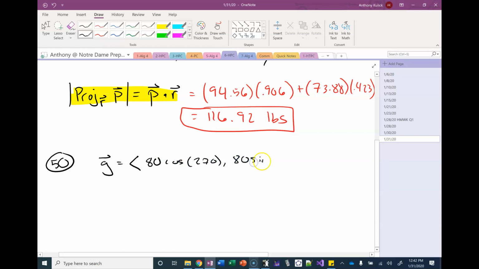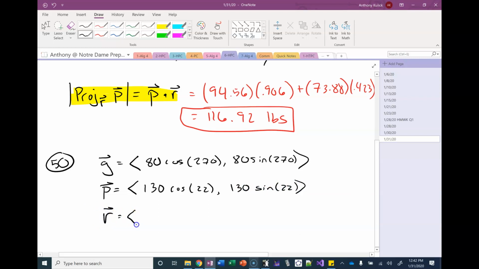So I have 80 cosine 270 and 80 sine 270. I have the vector for the pull, which is 130, and then the direction is 22. So I have 130 cosine 22 and 130 sine 22. And then I have the ramp. I'm not given any information about the ramp other than its angle. So I'm going to choose the magnitude or the length of the ramp to be 1.